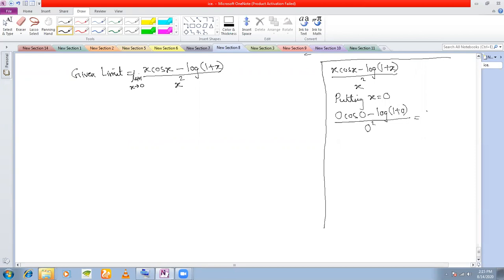So you get 0 minus log 1 by 0. And what is log 1? Log 1 is 0. We're getting a 0 by 0 form. So this is a 0 by 0 form. So we'll apply L'Hospital's rule.